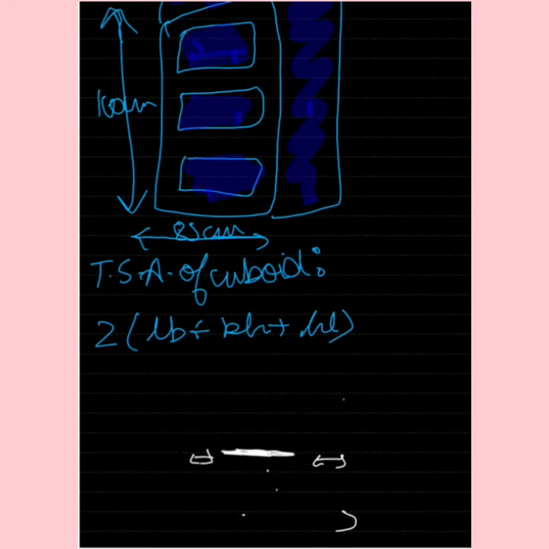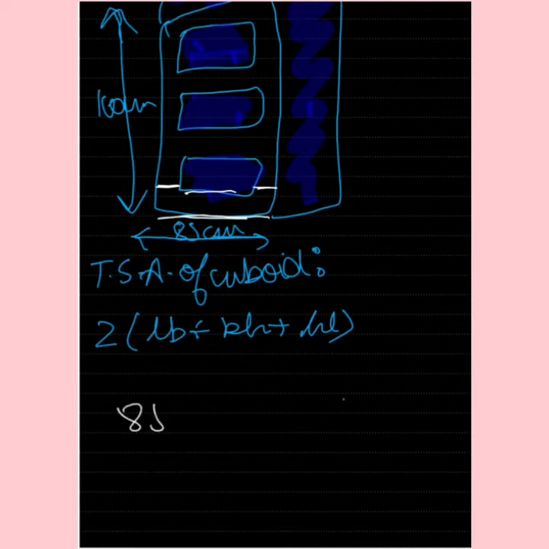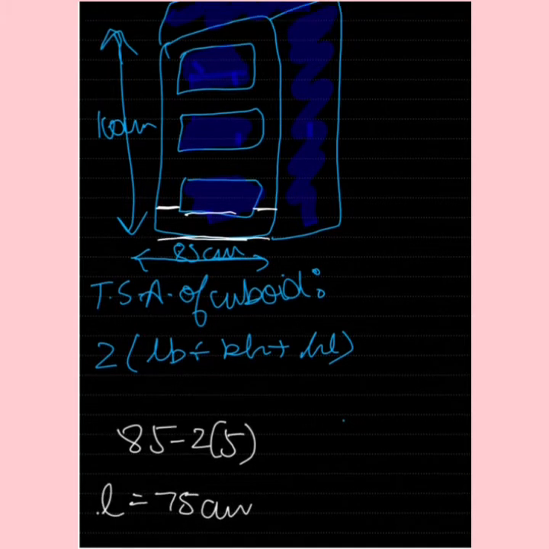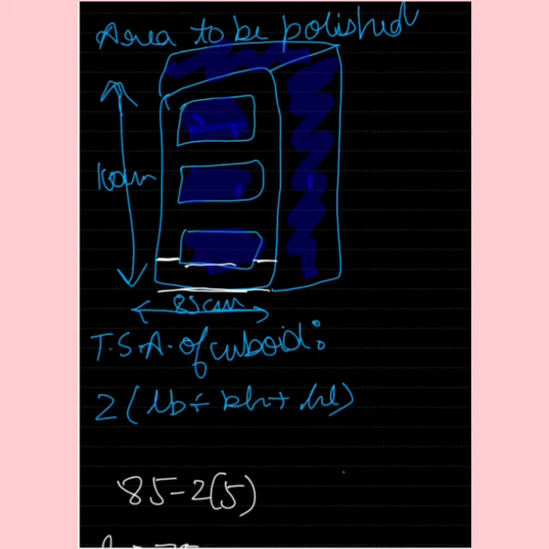So how to find its length? We are given it is 85 here, 5 this side, 5 this side, therefore 85 minus twice of 5 is equal to 75. Now this is the length, 75 centimeter. But how to find its height? This is important to know. So let's assume that the heights of the 3 drawers are same because they are of same dimensions.